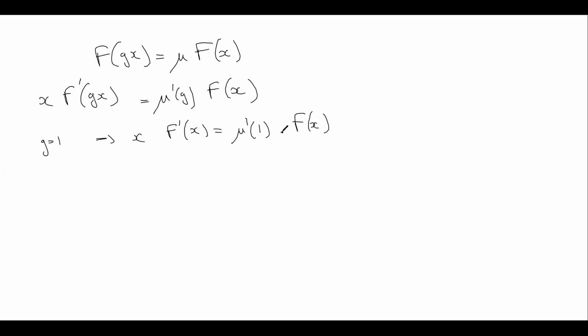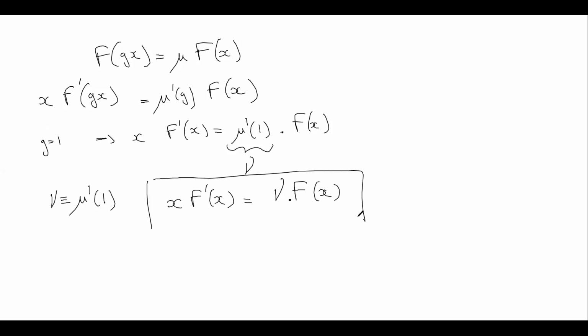And I can just provide a name to this object, nu. Nu is simply mu prime evaluated at g equal 1. g equal 1 is really grouping the unit by 1, so it's non-grouping the unit. So X F prime of X is equal to a number times F of X. So what is the solution of that for capital F?